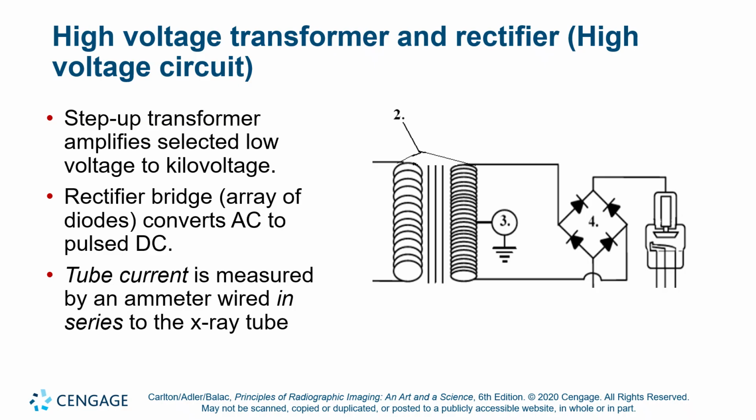Okay. So number 2 here was the high voltage transformer. Number 3 is our tube current mA meter. Number 4 is our rectifier. Do they have that running right? Let's see. Positive charges go there? Negative charges. Yep.